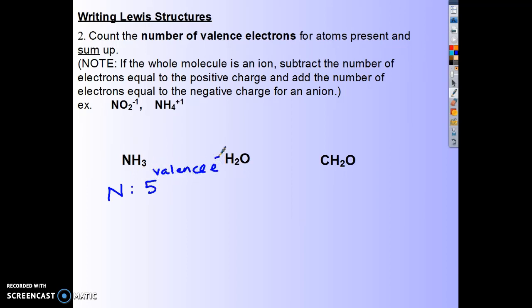Hydrogen is in group 1, so it has 1 valence electron, but we have 3 hydrogens, so that's going to give us 3 valence electrons from hydrogen. If we take 5 and our 3 and add them together, we get 8 valence electrons for this compound. Let's do the same for water.